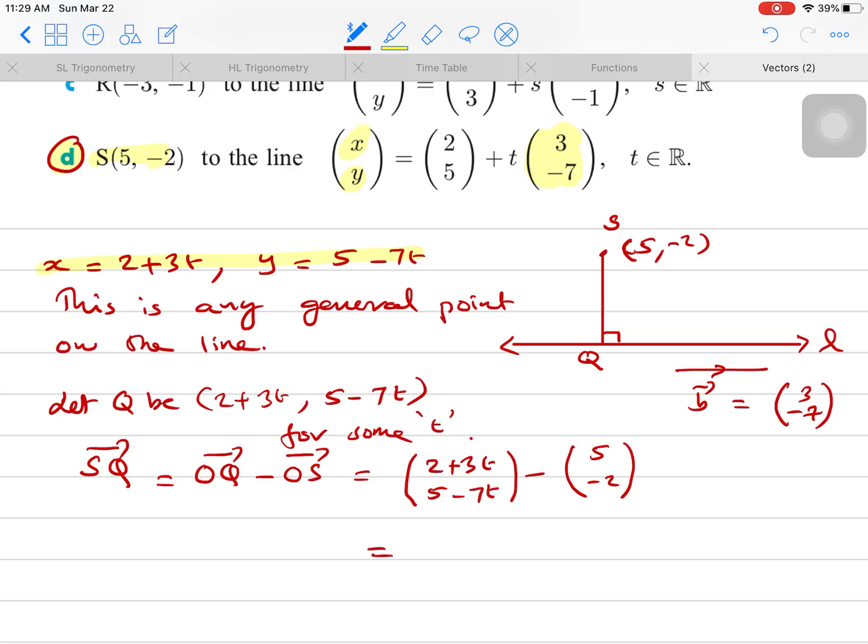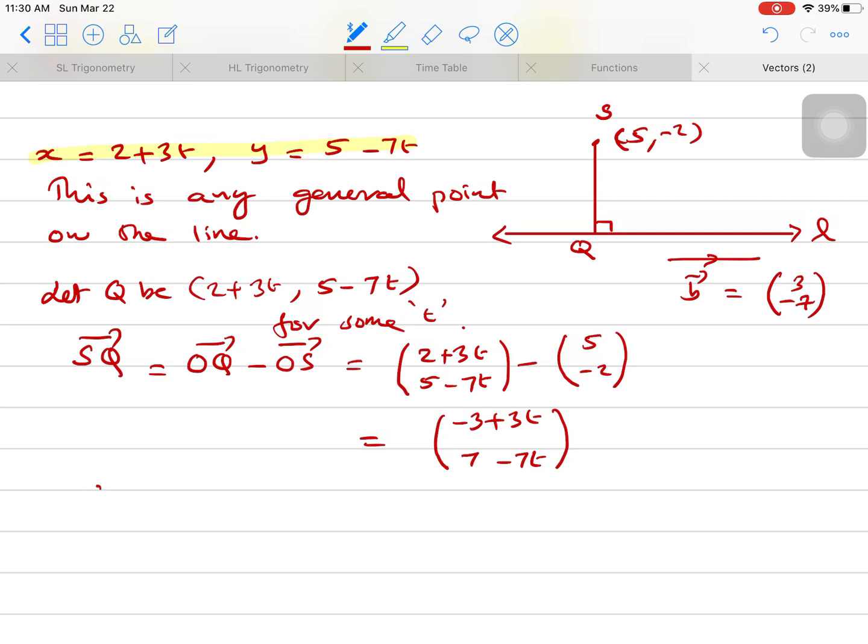When you subtract, you will get minus 3 plus 3t and 7 minus 7t. 2 minus 5 is minus 3 plus 3t. 5 minus minus 2 is 7 minus 7t. That's my SQ vector. Now I'll say SQ is perpendicular to the line, or rather SQ is perpendicular to B vector.